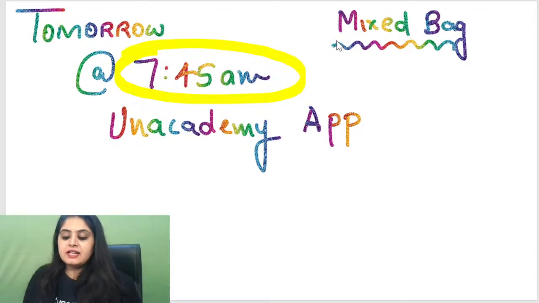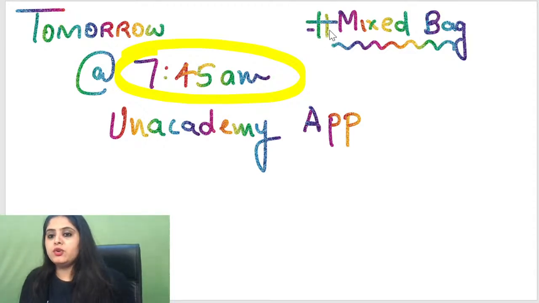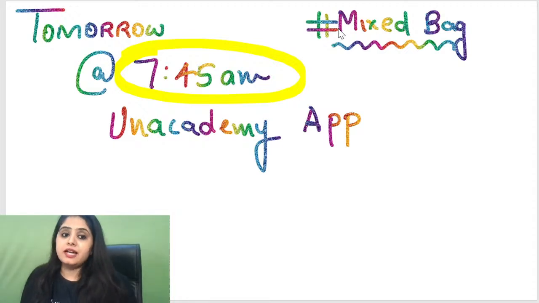After that, I'll ask you one question about a thyroid tumor, one question about maybe the virus, one question about fungus. Whatever I've taught you in this week, I'll twist and turn and ask you questions from that. So be prepared. Tomorrow morning 7:45 is our mixed bag session on the Unacademy app.